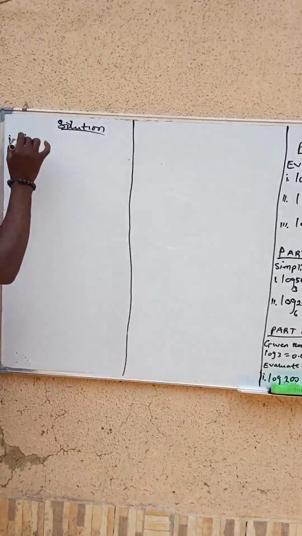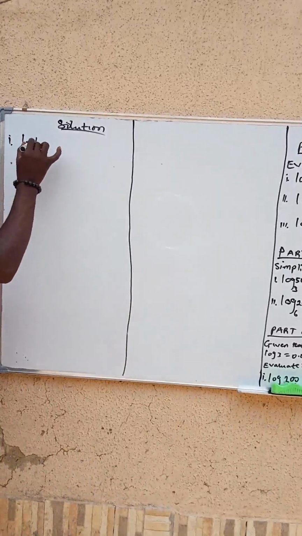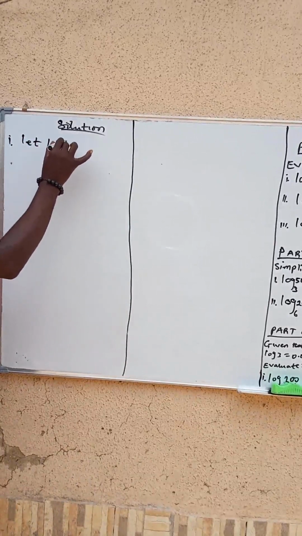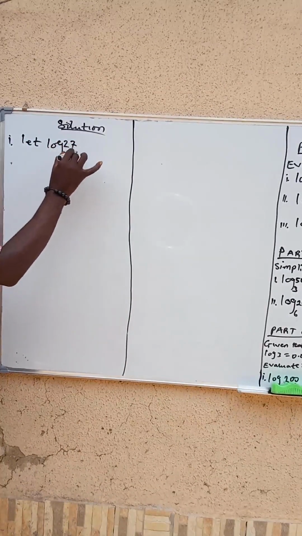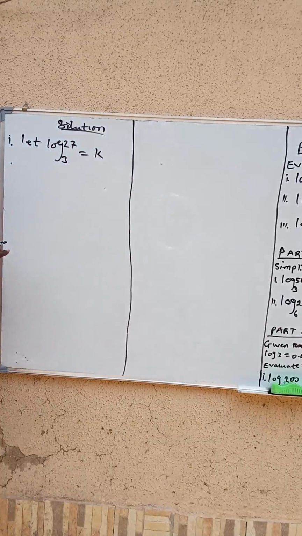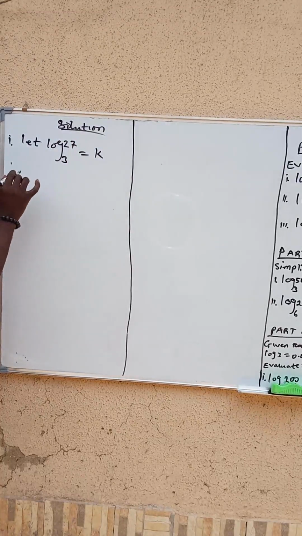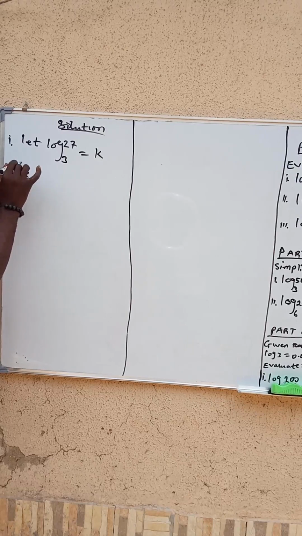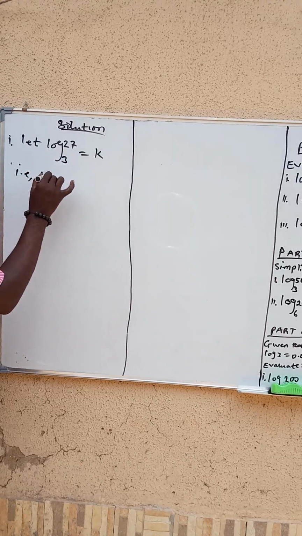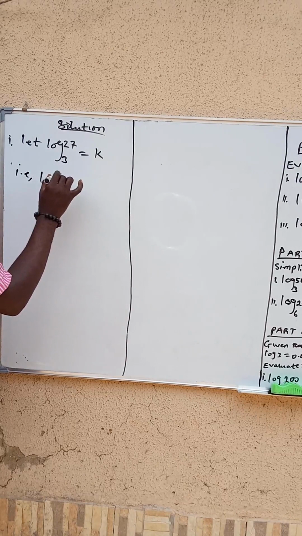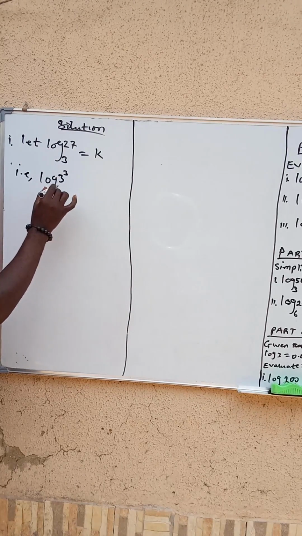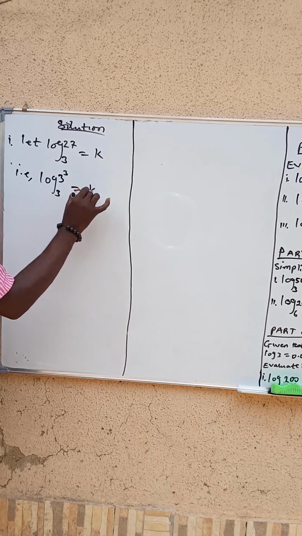So in that case, what you do is say let log 27 to base 3 equal to k. It implies that, or you say that is, log 3 to the power of 3 base 3 is equal to k.